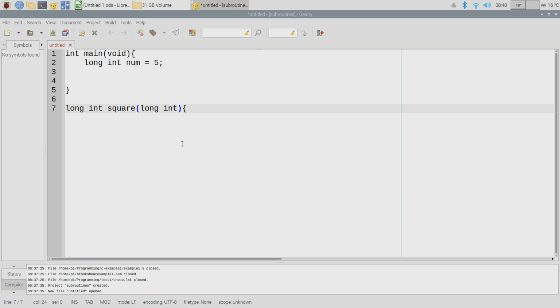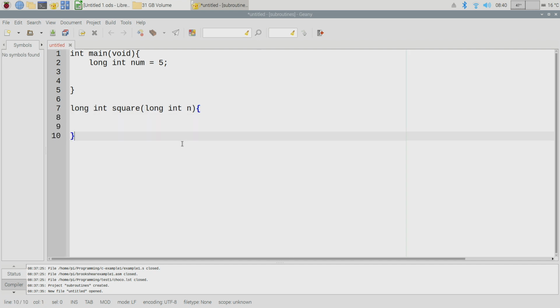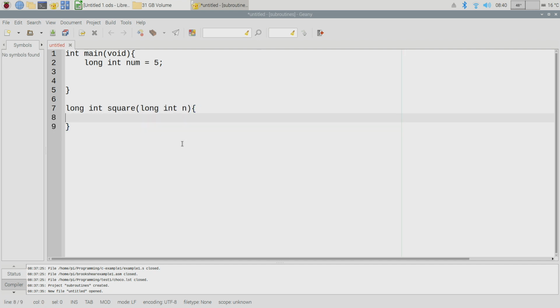Then I have to specify the local variable that I'm going to call what gets passed to it. How about n? That's a perfectly good choice. And then what am I going to do? I'm going to return n times n, right?